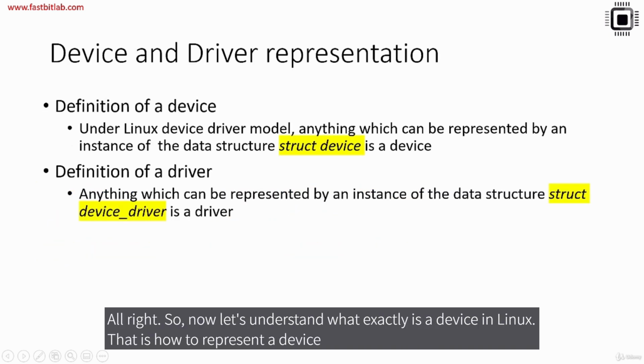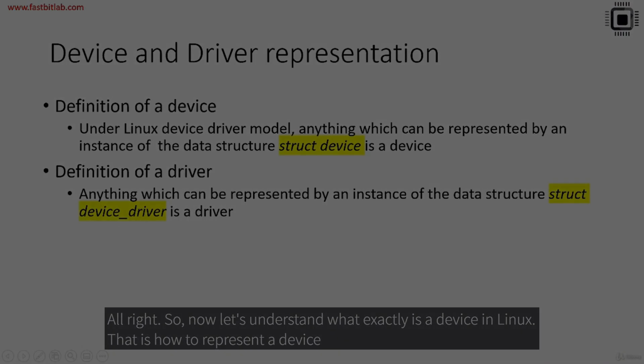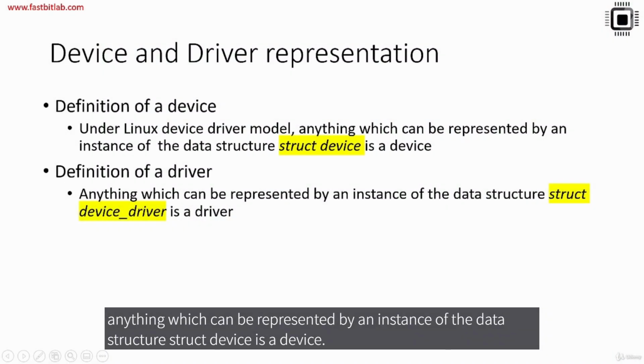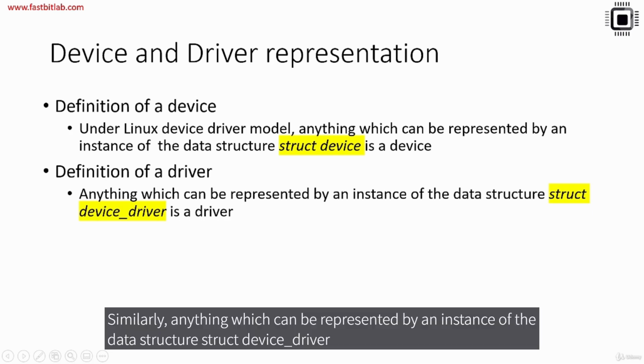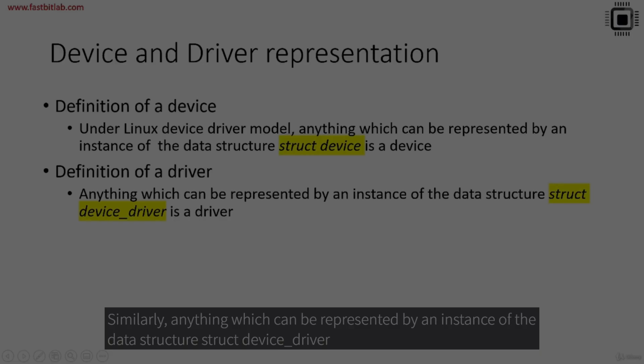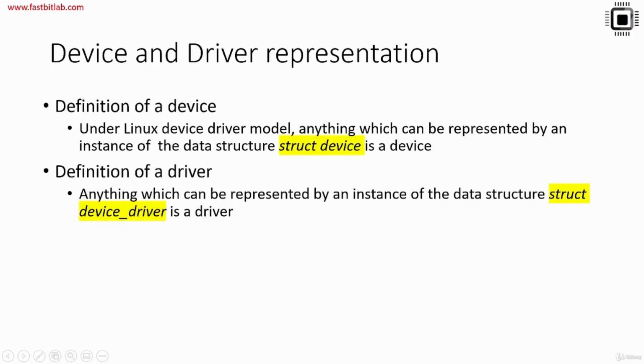Alright, so now let's understand what exactly is a device in Linux, that is, how to represent a device in software. Note that in the Linux device model, anything which can be represented by an instance of struct device is a device. Similarly, anything which can be represented by an instance of struct device_driver is a driver.